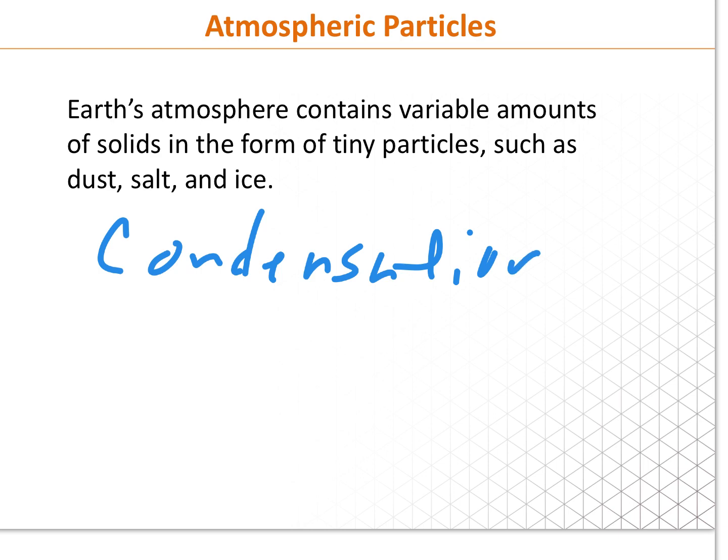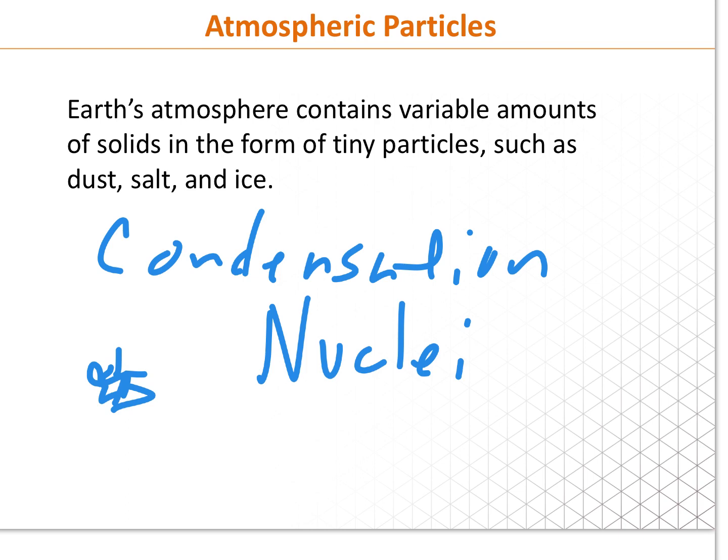Basically, if I have a little chunk of dust, then I can actually have water molecules come along and they attach and start to grow larger and larger. Without having that little core, it doesn't have anything to attach to. And we'll talk more about that when we do weather. But yeah, condensation nuclei, these little particulates that are floating around, sometimes are important.